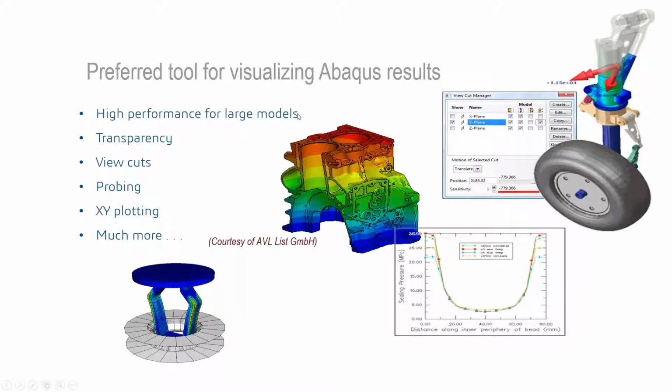It's also a very powerful visualization tool for managing even large results files. Transparency plots, view cuts, probing, animations, and XY plots. So it's really the most popular visualization tool for our customer base across all industries.